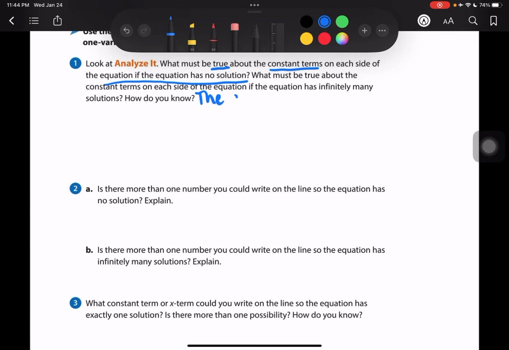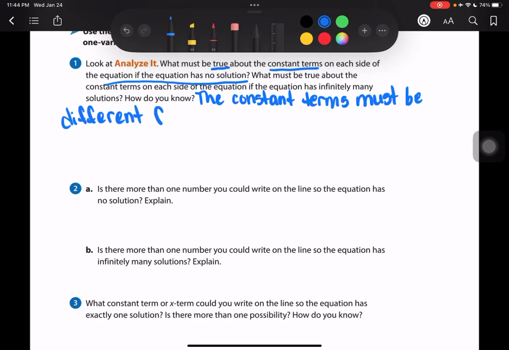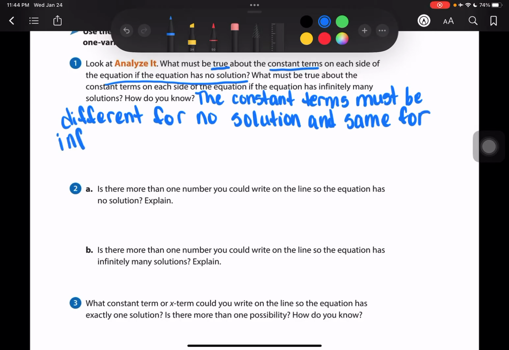The constant terms must be different for no solution. And the same for infinitely many solutions.